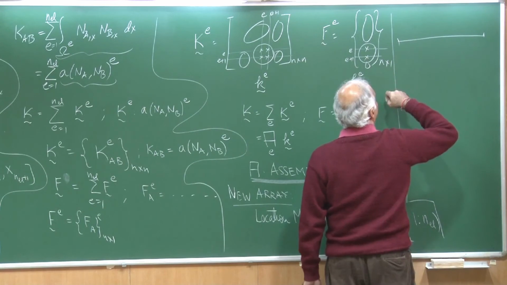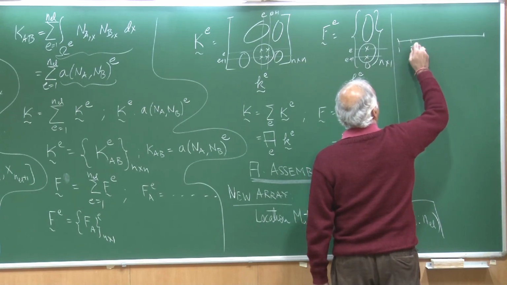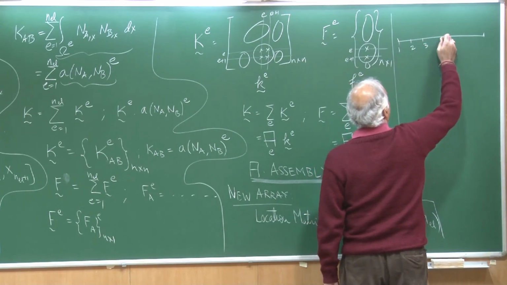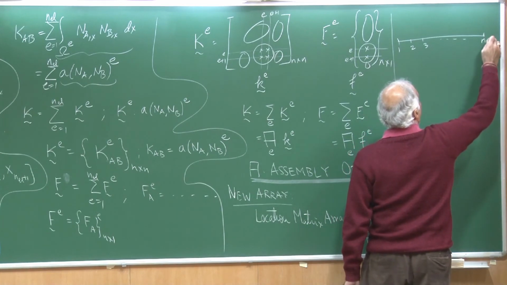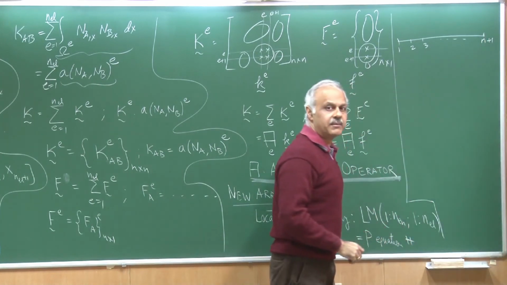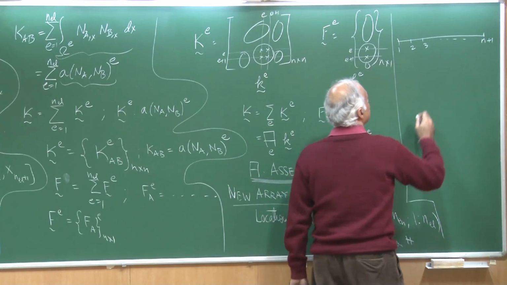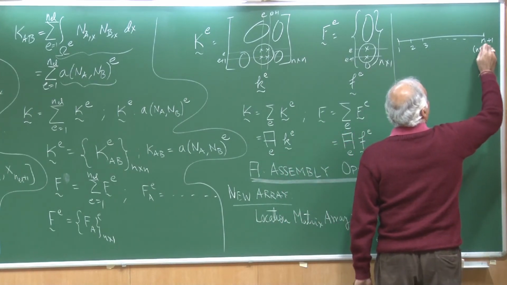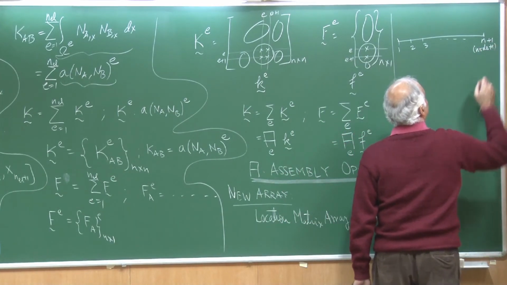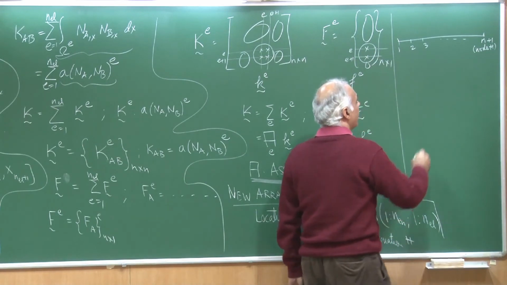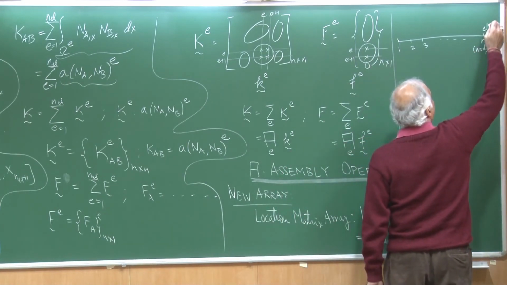This is our mesh, node 1, 2, 3, all the way to node N plus 1. These are my node numbers. I would also like to write the element numbers.